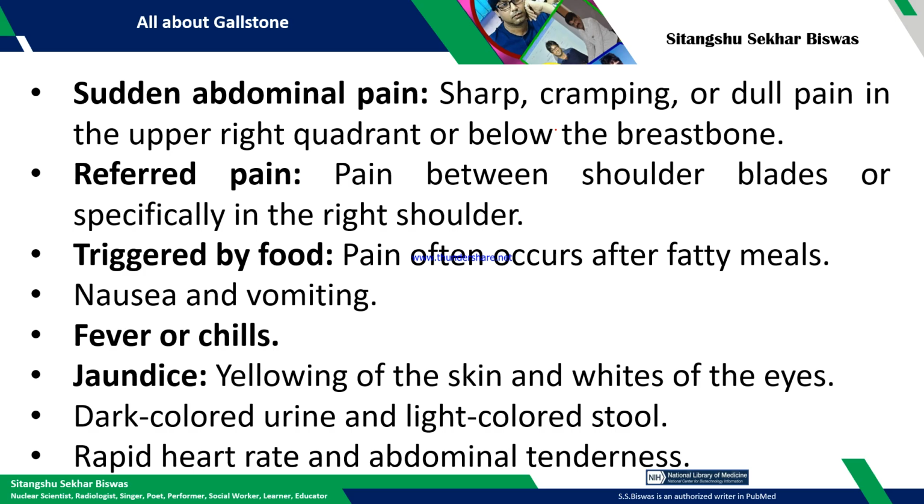What are the common symptoms? There will be sudden abdominal pain. This pain can propagate to the shoulder blades, the scapula area, mainly the right shoulder. Sometimes you will experience pain after heavy fatty meals.